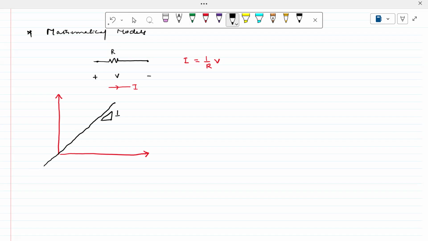The slope is 1 by R. Therefore, if you apply V here and calculate I, as long as you increase the voltage, the current through the resistance will increase. If R1 is less than R2, for example, where should the curve be, towards the vertical direction or the horizontal direction, if R is high?